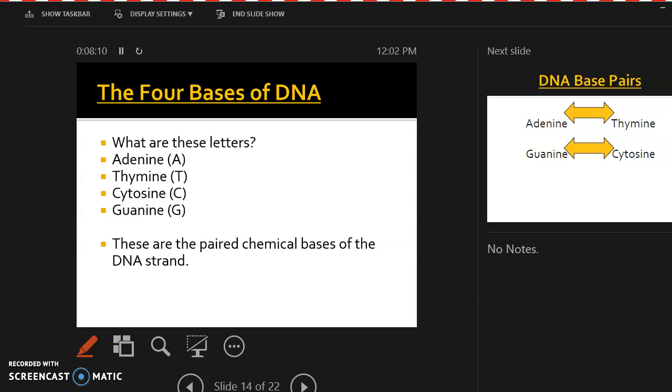So you just need to know that the 4 bases of DNA are A, T, C, and G. Okay, and these are paired chemical bases. These are the paired chemical bases of the DNA strand. So this is the chemical bases. This is the inside, the middle part of your DNA double helix.